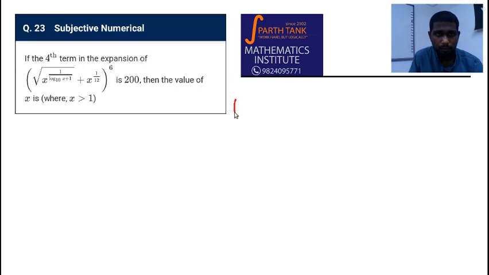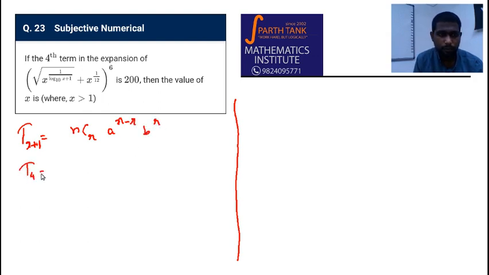23. The fourth term in the expansion, a binomial theorem problem, and they've given a very crazy looking binomial to the power 6. Now, the fourth term t4, we know t of r plus 1 is supposed to be nCr, the first term power n minus r and the second term power r.